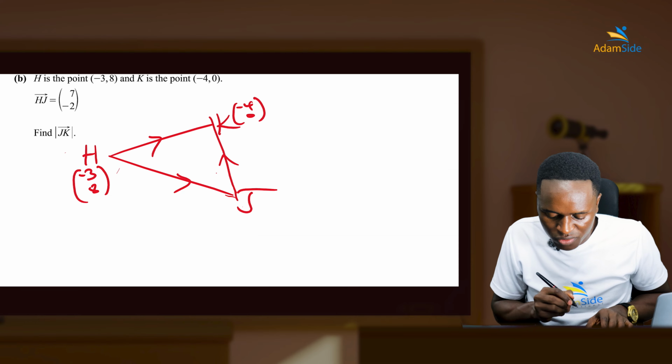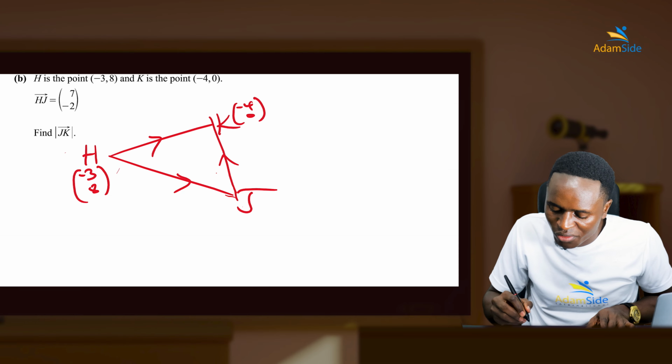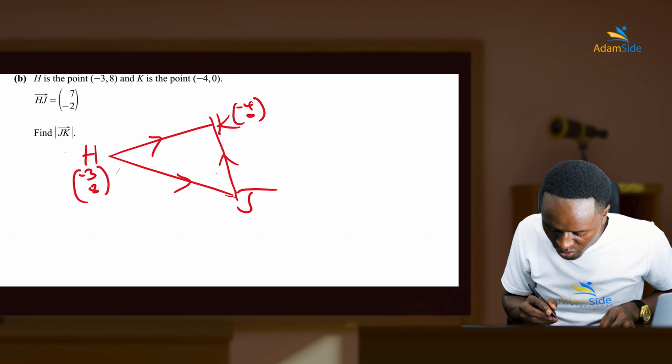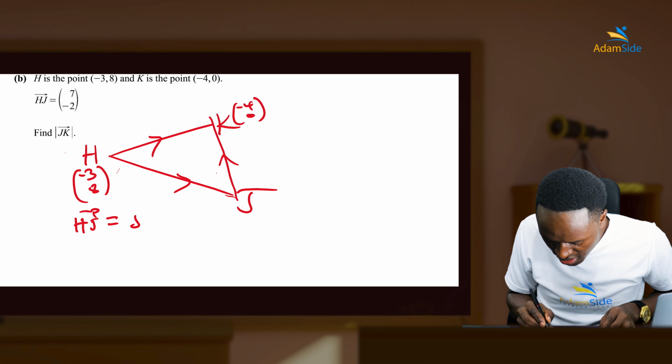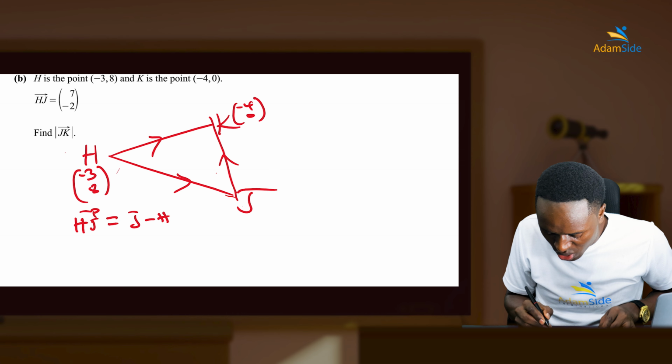Then we need to find the magnitude of JK, the distance. What we know is that vector HJ is the same as vector J minus H. Correct.